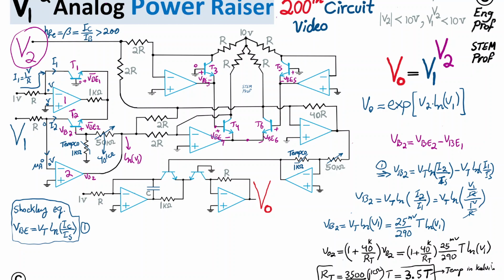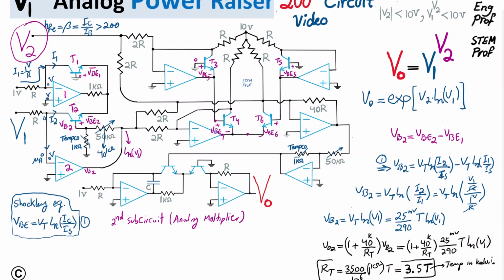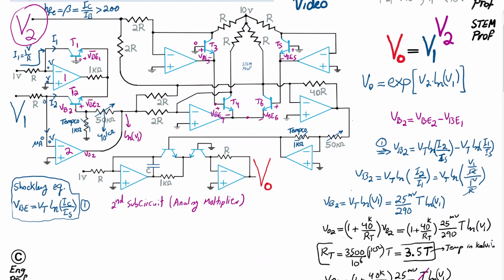So basically, for the second subcircuit, the analog multiplication, effectively we are realizing an analog calculator that has 3 subcircuits.